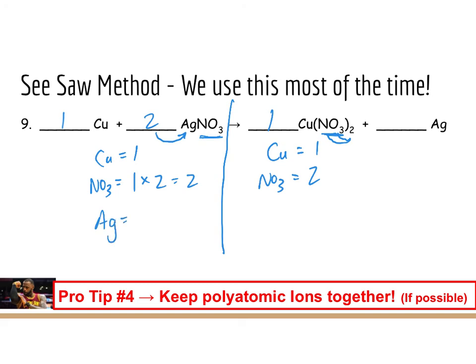So our Ag now is 2 on the left. Well, we left that as a lone element there. We can take our 1 and multiply it by 2 by putting a coefficient of 2 in front. So this one becomes pretty easy. You don't have to worry about distributing the 2 to everything if you just try to keep that NO3 or the polyatomics together.